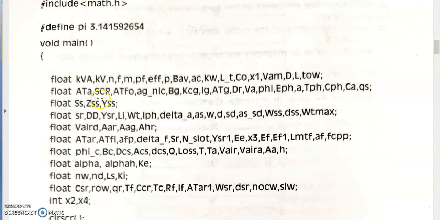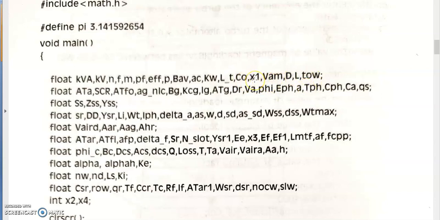Then we are defining the variables. This is void main, where the program starts, and these are the variable declarations. These are the variables we are going to use: kVA, kilovolt, speed, F, number of phases, power factor, efficiency, P, B average, AC, kW the stator winding factor, L by tau, C naught the output coefficient, VAM the maximum peripheral velocity, DL and tau.